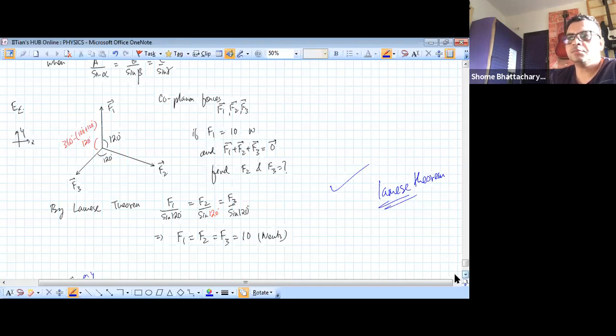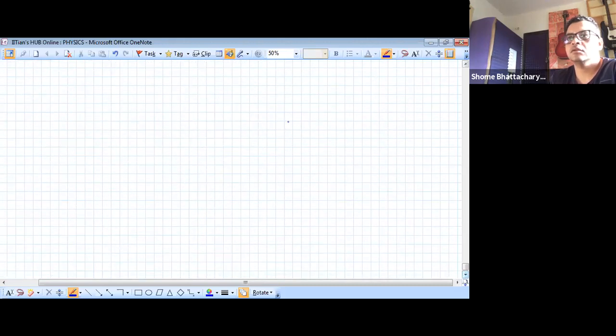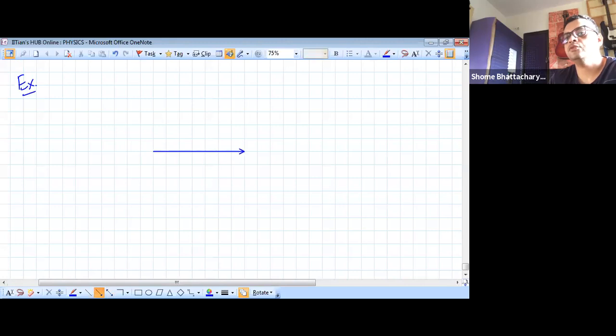Let's look at another example. So in this next example, we have one force, let us say of magnitude 24 newtons.